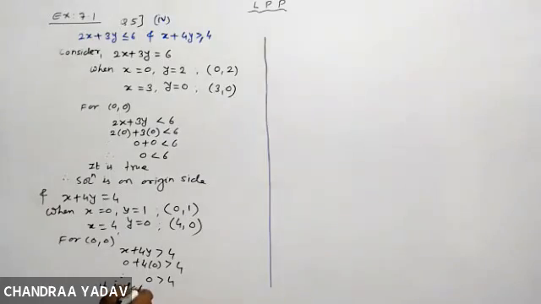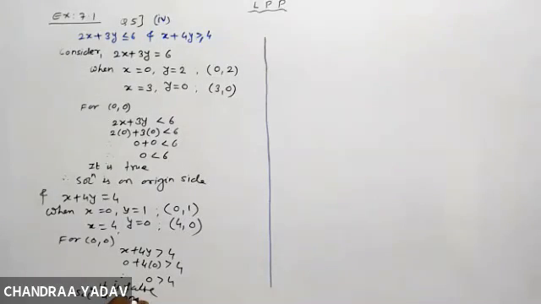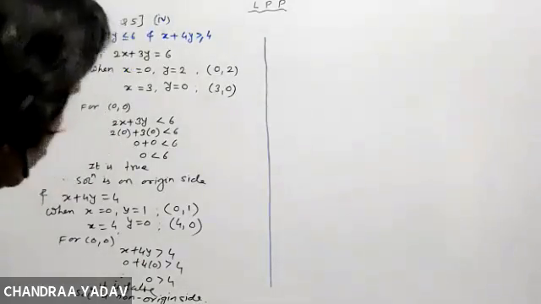Is 0 greater than 4? It is true? No, sir, false. It is false. It is on the non-origin side. So the solution is on the non-origin side.